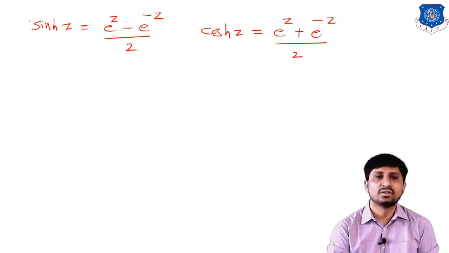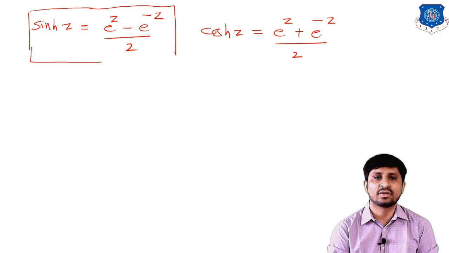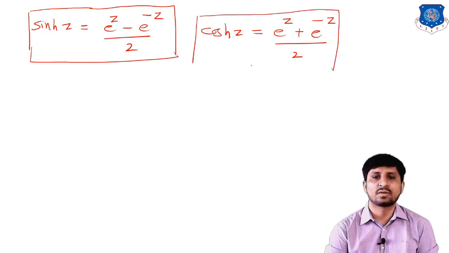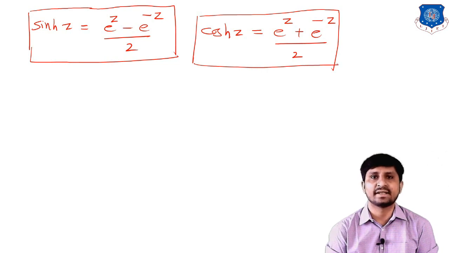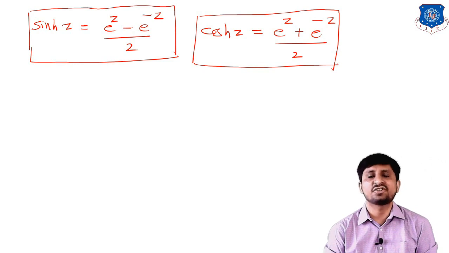These two formulas are for hyperbolic functions, sin hyperbolic z and cos hyperbolic z. So finally you have to remember all these four formulas. And now let me discuss relations between circular and hyperbolic functions.